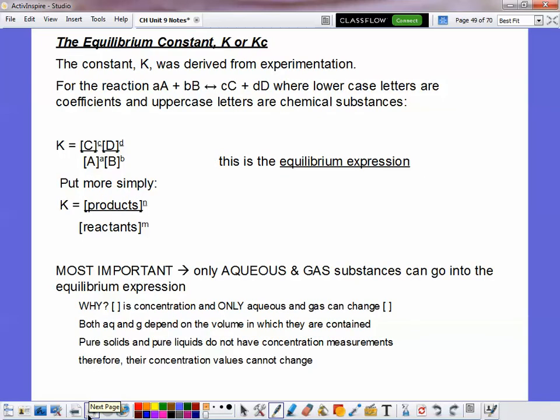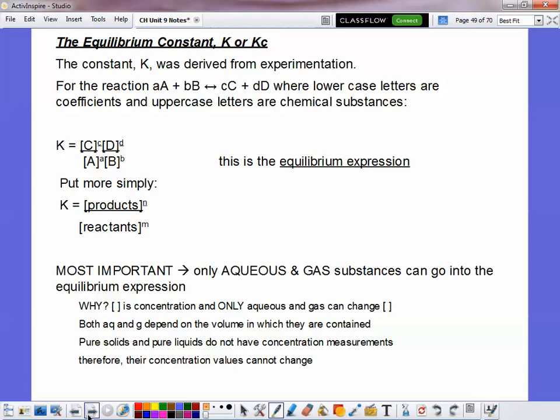All right, so with equilibrium, what we're going to do is write something called an equilibrium expression, which is what your homework is on. And it's going to be based on the balanced chemical equation. So you need to write a balanced chemical equation in order to write the equilibrium expression. So that stuff's not going away. And then you're going to take the products, put the substances in brackets to signify what?